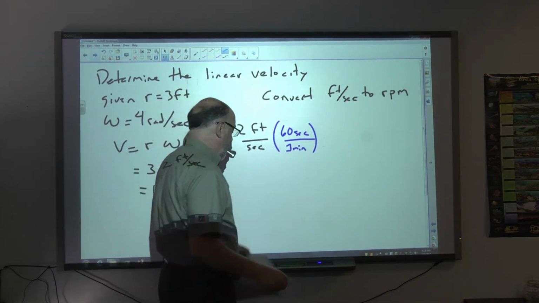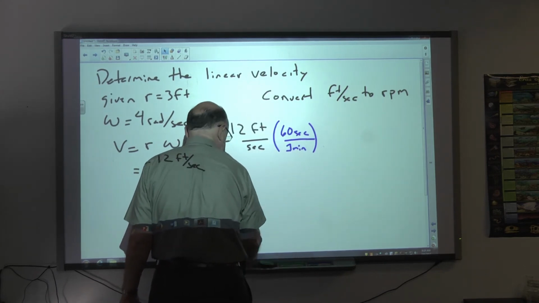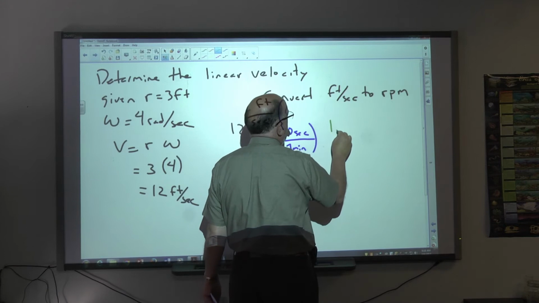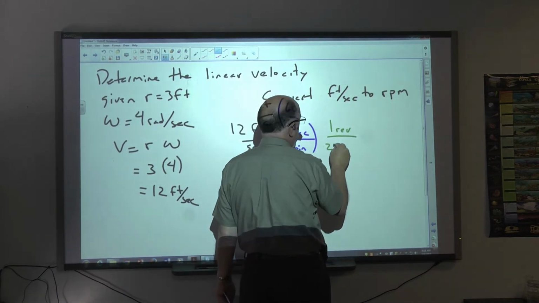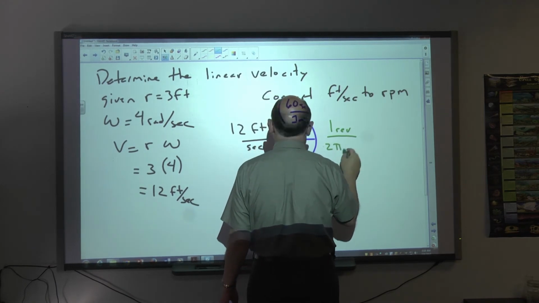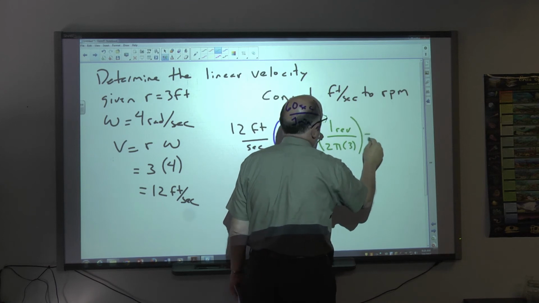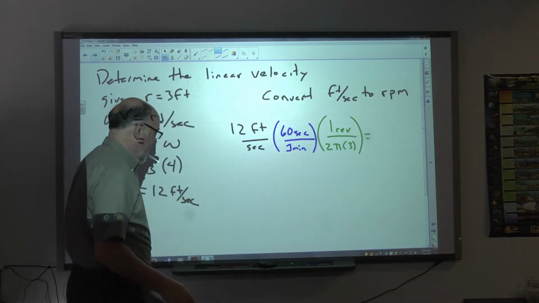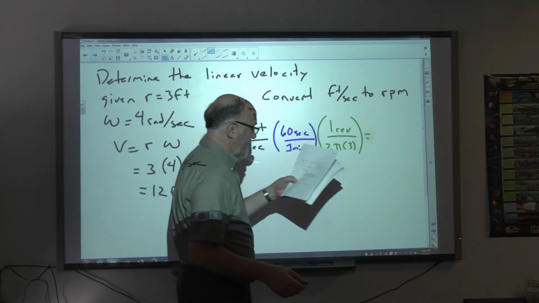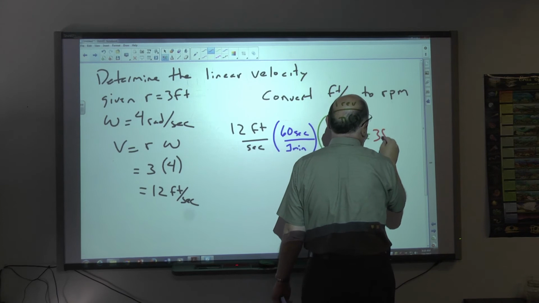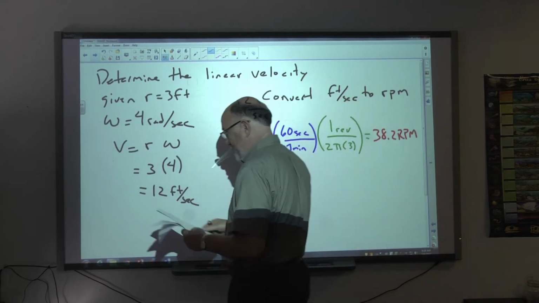And we know that one revolution is given by the circumference of our circle. And so one revolution is given by 2 pi r. And so we plug that all in, and we end up that this would be the same thing as 38.2 RPM. So 38.2 revolutions per minute.